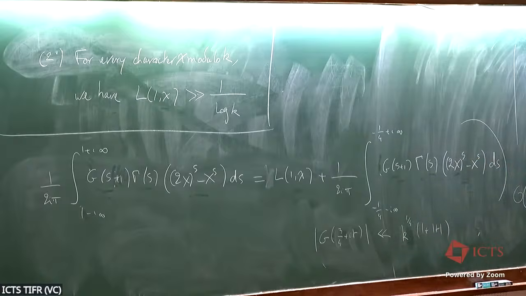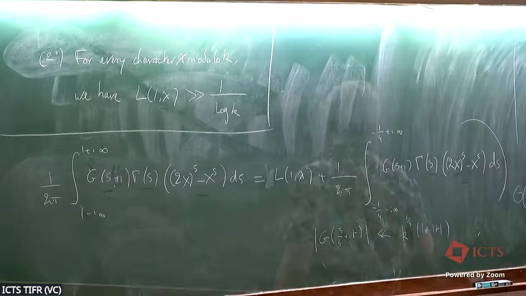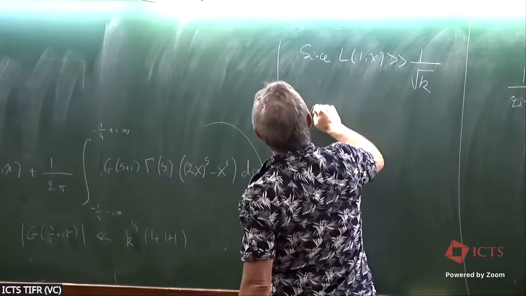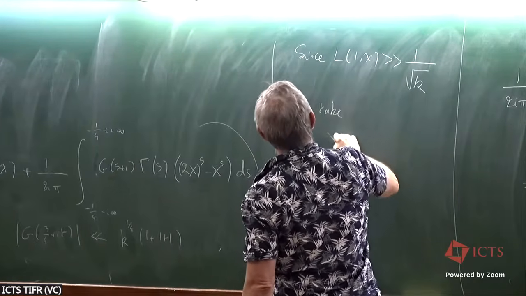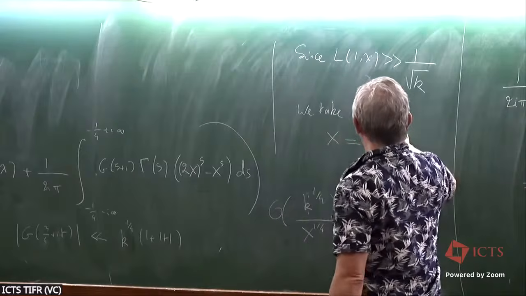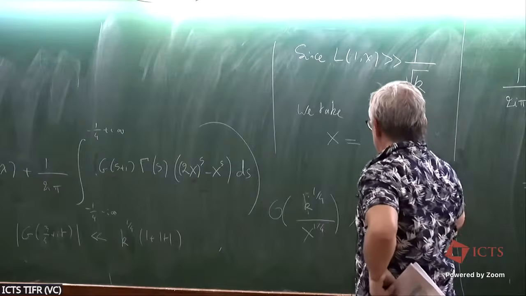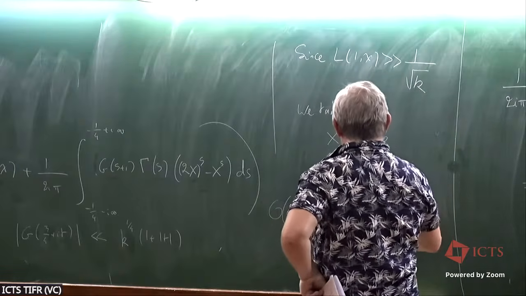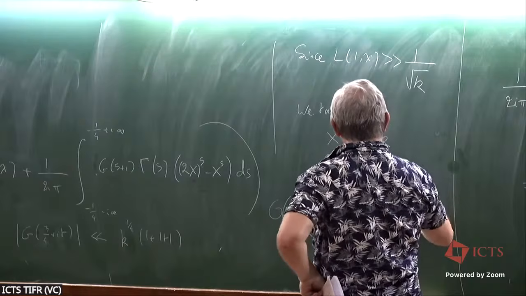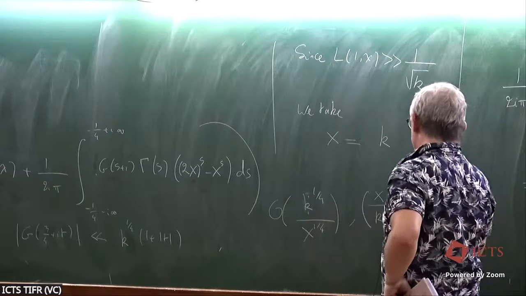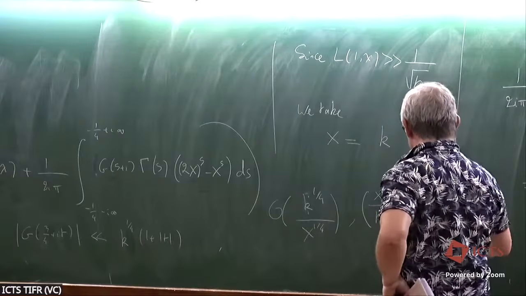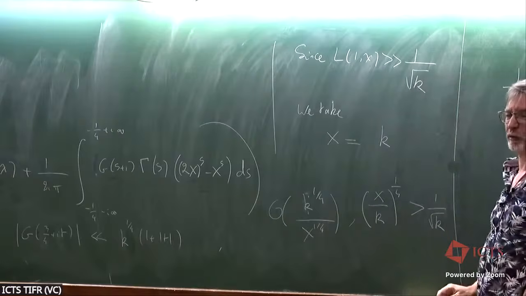You know that L(1, chi) is larger than 1 upon the square root of K, okay? We want x upon K to the 1/4 to be strictly larger than 1 upon the square root of K. That's what we want.